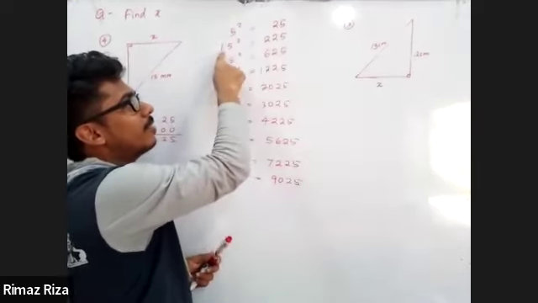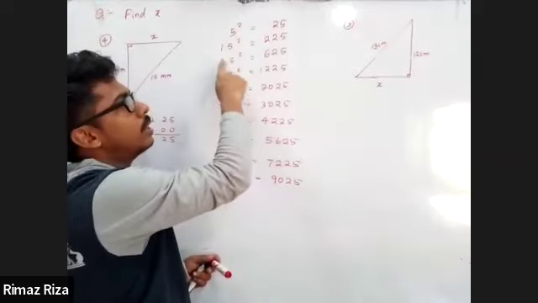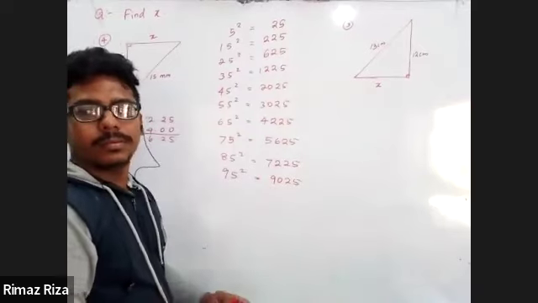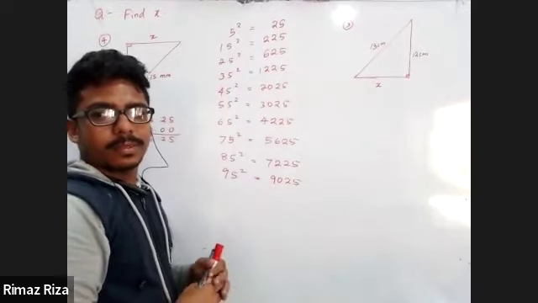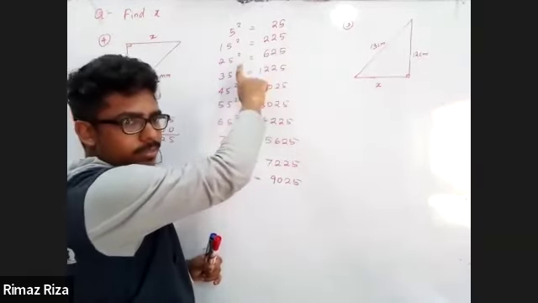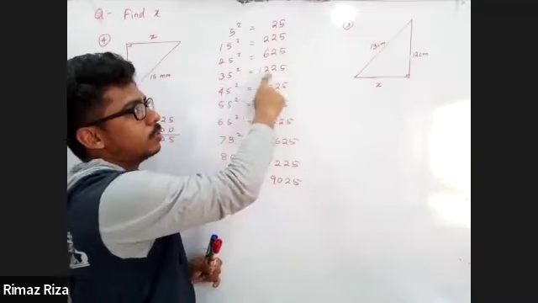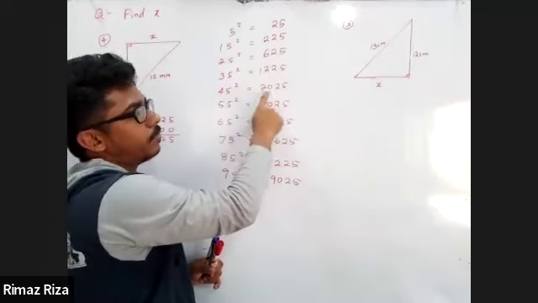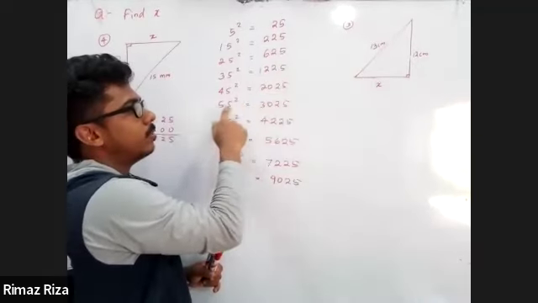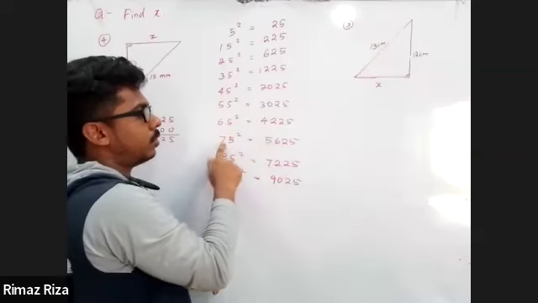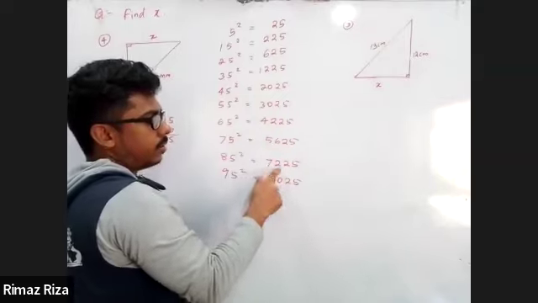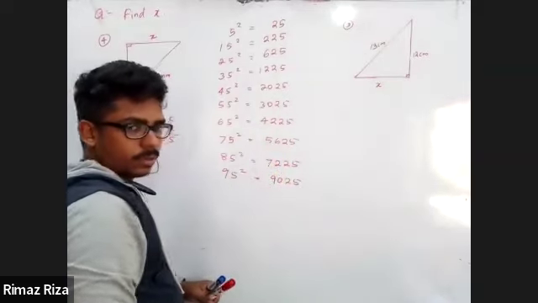1 into 2, 2. So here 2, and the next number is 3. 2 into 3, 6. Here 3. 3 into 4, 12. 4 into 5, 20. You can put the calculator and see. 5 into 6, 30. 6 into 7, 42. 7 into 8, 56. 8 into 9, 72. 9 into 10, 90.